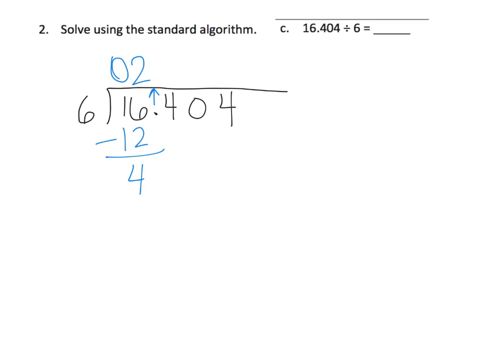I'm going to put this right here. And these 4 ones combined with the 4 tenths gives us 44 tenths. So I'm going to bring this down. We now have 44 tenths. And then we're going to take those 44 tenths and divide them up into 6 equal groups, as best we can.